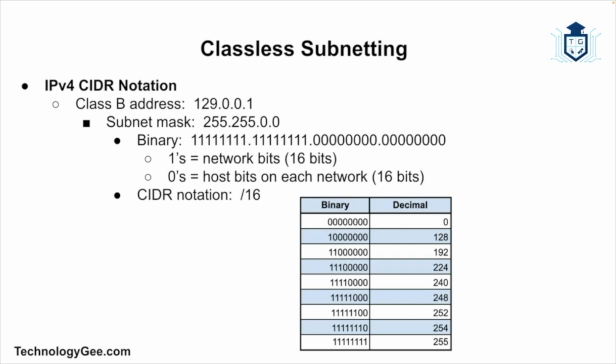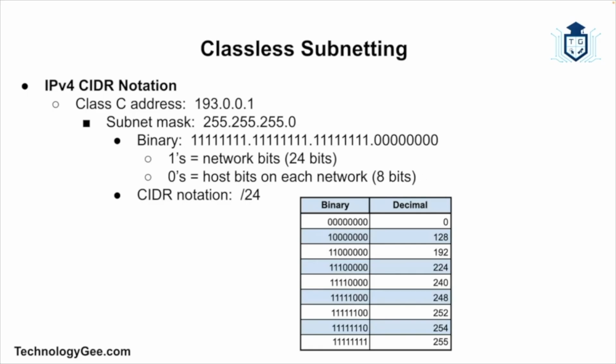So when we write this out inside our notation, we could simply write the IP address as 129.0.0.1/16. The /16 tells us that the first 16 bits have been turned on to identify the network portion of this particular IP address, and obviously the last 16 bits are turned off, which identify the hosts.